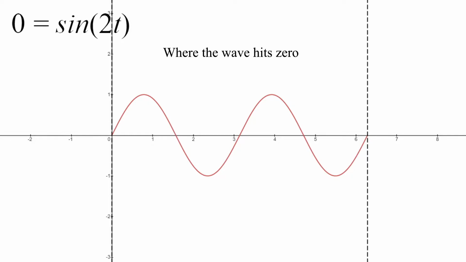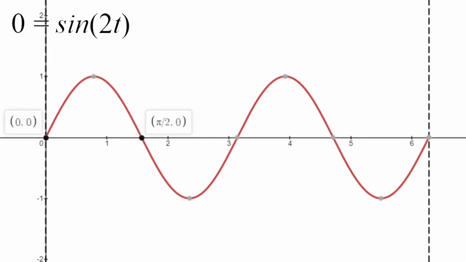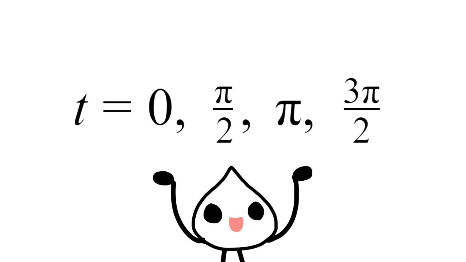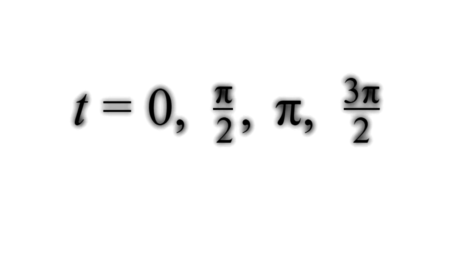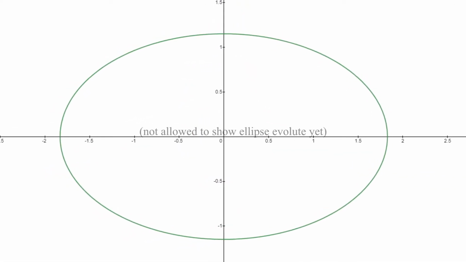Where the wave hits 0 are finally the values of 0, pi over 2, pi, 3 pi over 2, and 2 pi. But cross out 2 pi because it's just 0 in another revolution. And these are the 4 values that make the original step 2 equation true. And to remind you, these are the 4 values that yield a minimum radius or evolute cusp of the ellipse.